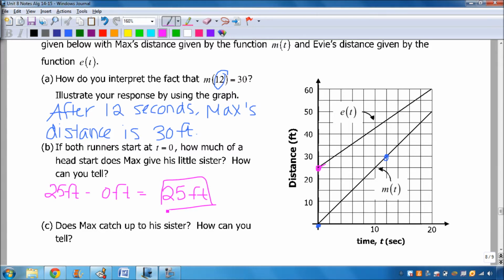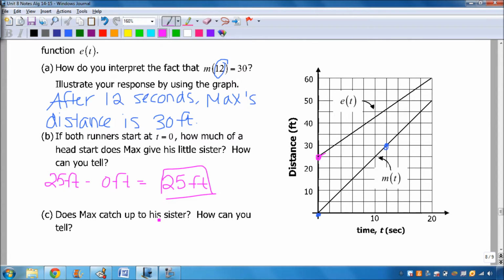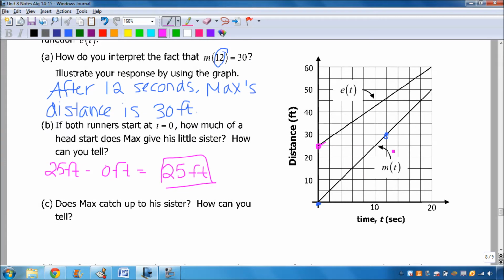So question C, does Max catch up to his sister, and how can you tell? Well, if you look at Max's slope, his slope is steeper, which means that eventually if I were to extend these lines, they would definitely intersect with each other, but we don't know how long they went for. So in the graph, they don't. So not in the graph, Max does not catch up to his sister in the graph, okay?